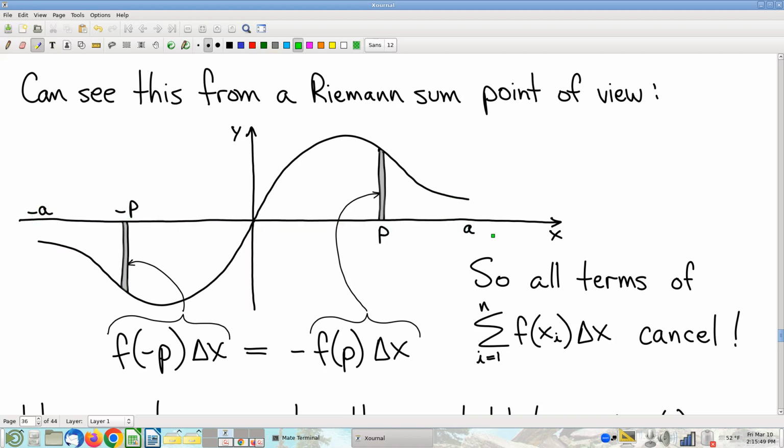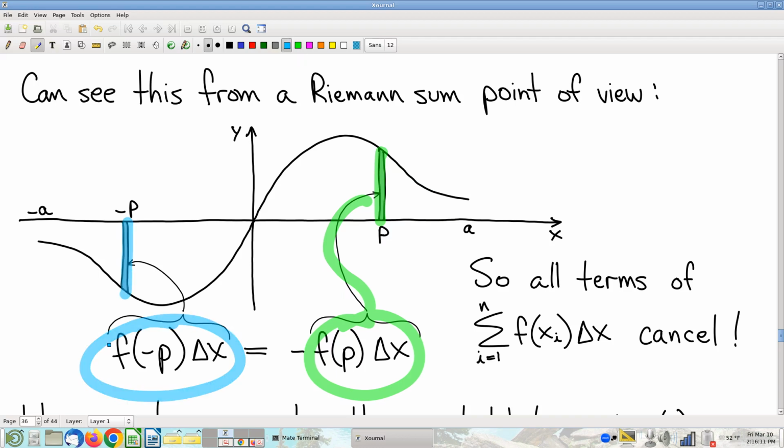Notice I'm drawing a graph here of our single variable function that we're doing a Riemann sum of. This term in the Riemann sum, right? f of that value of x times delta x. This term in the Riemann sum over here, f of that value of x times delta x.